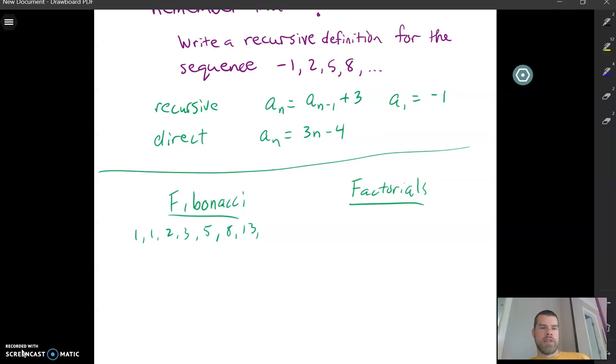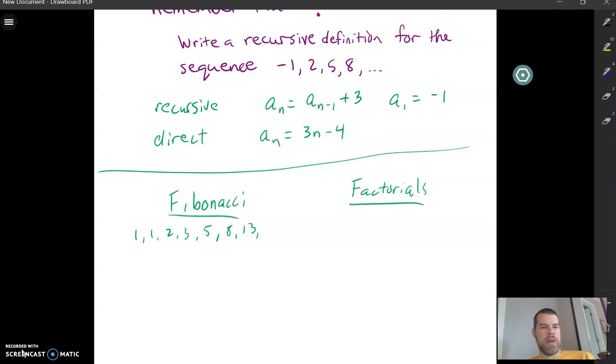Take a look at that sequence and try to figure out what's going on. Perhaps you've already seen it before. What's happening is we add 2 numbers to get the next number in the sequence. So 1 plus 1 is 2, 1 plus 2 is 3, 2 plus 3 is 5, 3 plus 5 is 8, and so on.